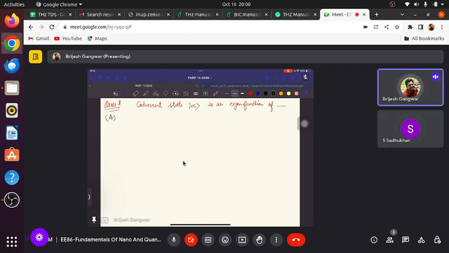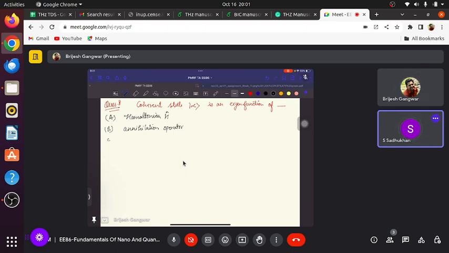A is Hamiltonian, B is annihilation operator, C is position operator, D is position operator, and E is momentum operator.